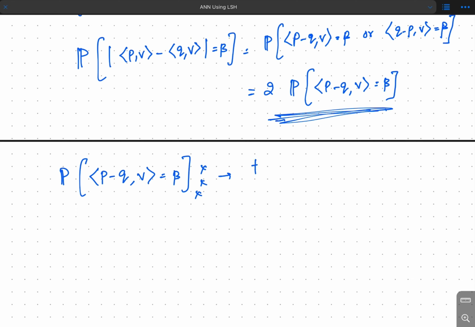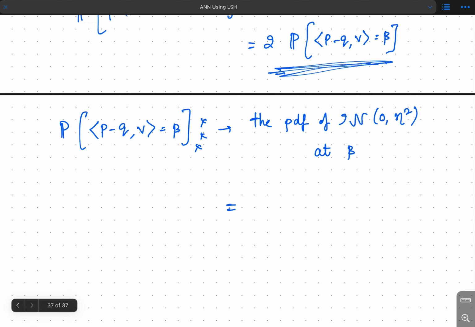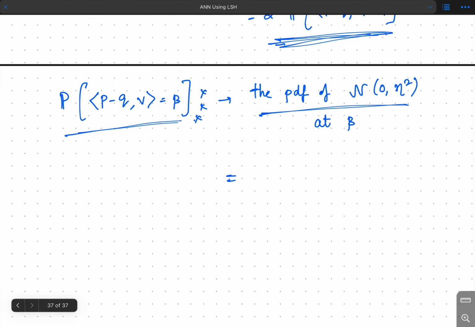What we want is the PDF of eta square at beta. So we want 2 times the PDF of N(0, eta square) at beta.